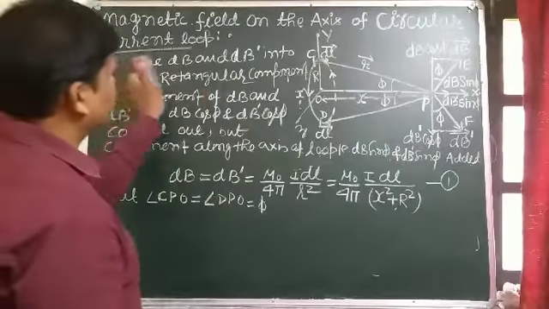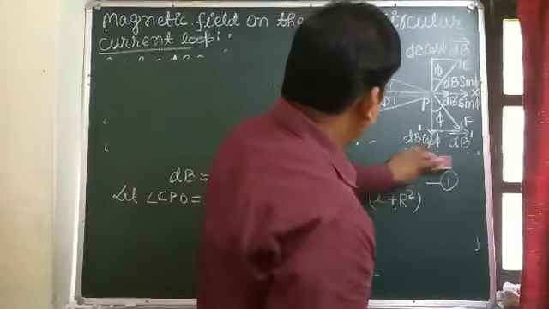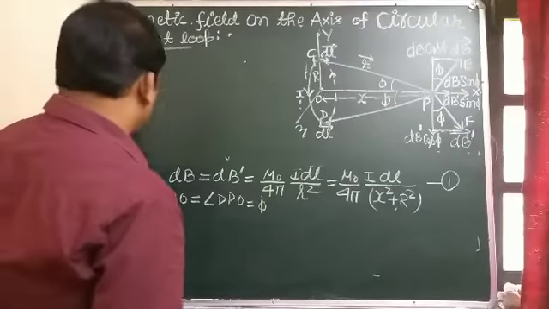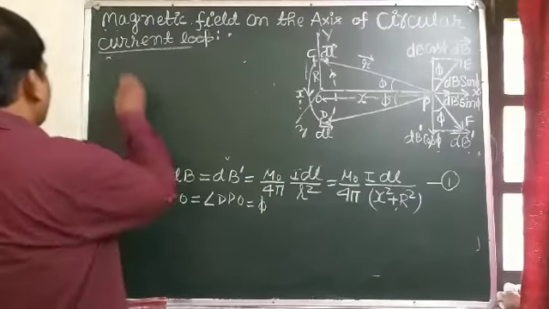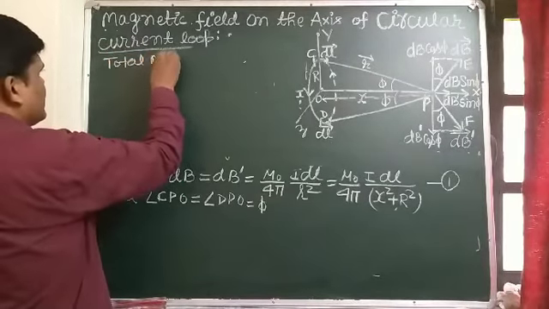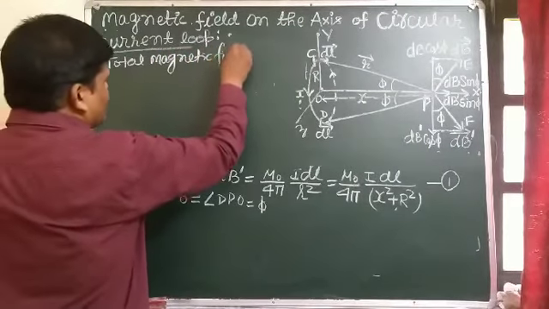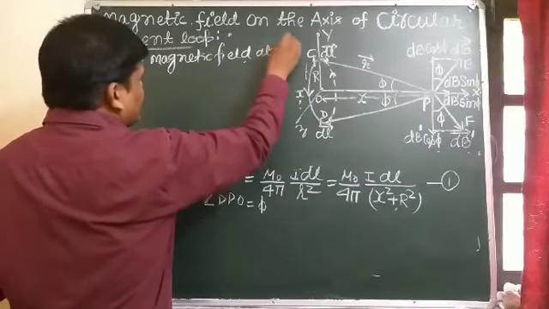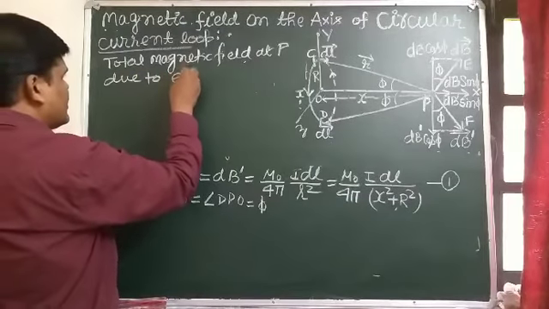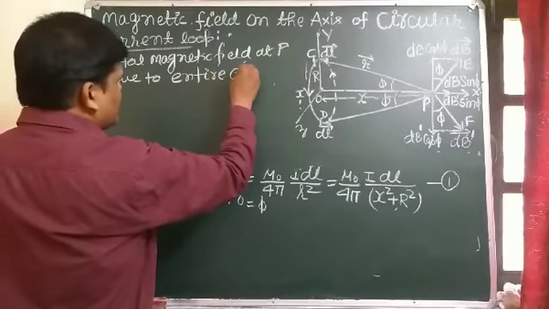So the total magnetic field at the point P, on the axis of the circular current loop, at P due to the entire circular current loop.